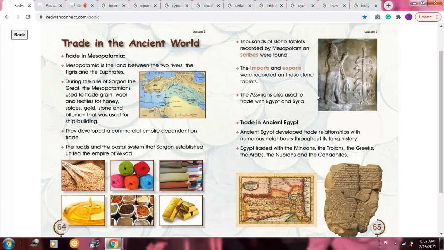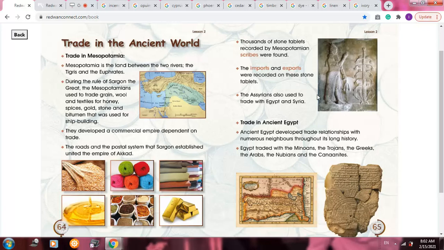Okay, then we still talk about Mesopotamia, but how did people discover what the Mesopotamians used to trade? Thousands of stone tables recorded by Mesopotamian scribes were found. We said scribes means writers. These Mesopotamian writers or scribes used to write on the stones the emperors and the experts that were happening in this nation.